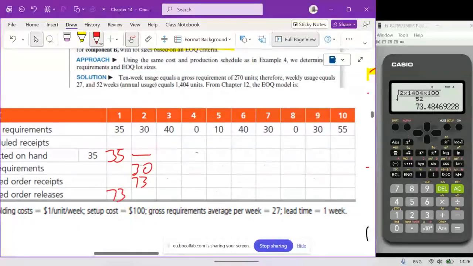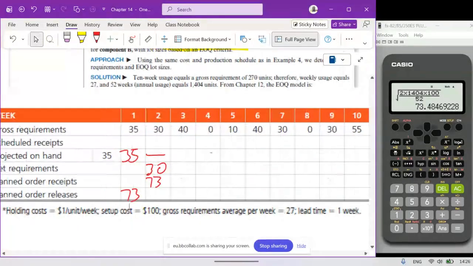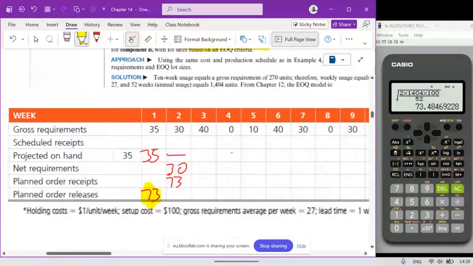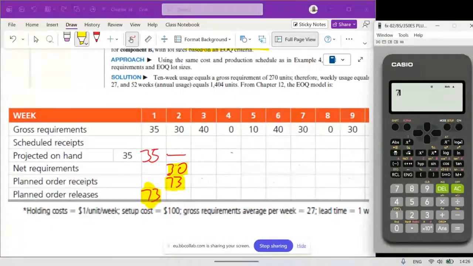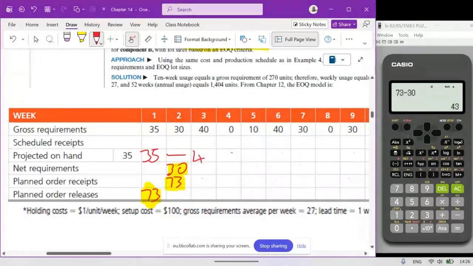Now, let's say the 73 we are placing on order on this day. Here they arrive, but they are 73. We need 30, so 73 minus 30 is 43. So this gets carried.